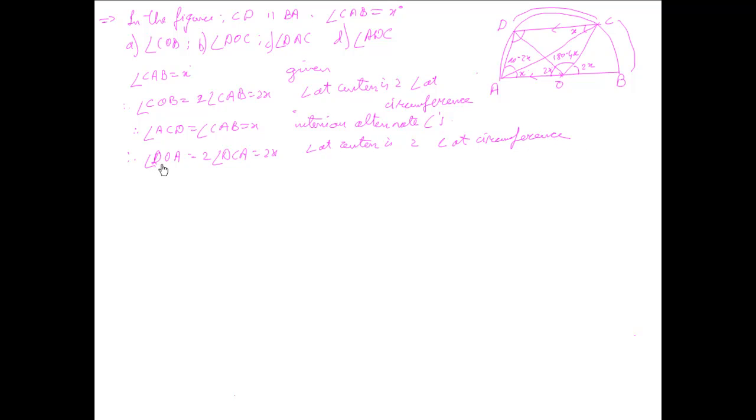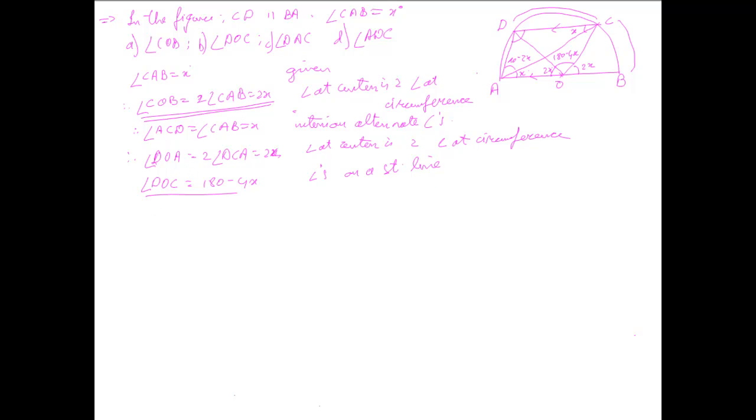Then, children, angle DOC is equal to 180 minus 4x, angles on a straight line. So children, they wanted angle COB, which is 2x, it's one answer.